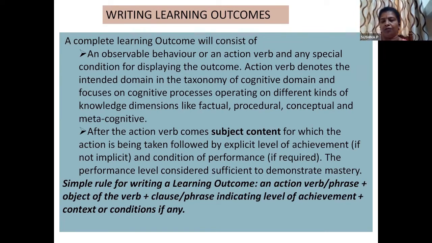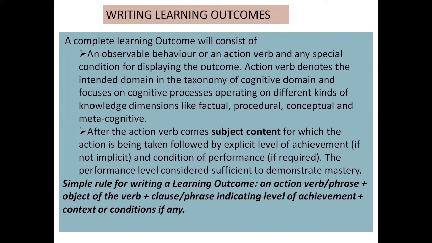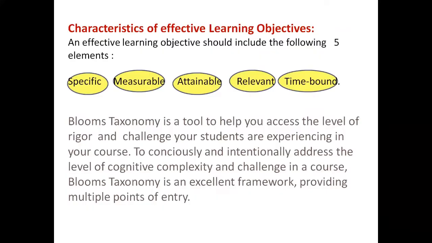So the categories of cognitive skills that come under this are knowledge, comprehension, application, analysis, synthesis, and evaluation. I would like to show this through Bloom's taxonomy. Bloom had developed a list of actions that expresses the learning level associated with the outcome, right? So I'll just show you that.